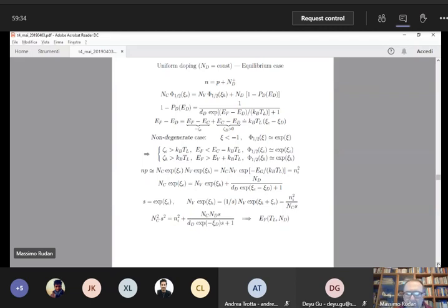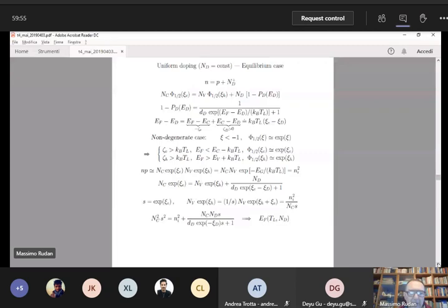So this is the balance equation that applies when there is only the donor type doping, and the material is in the uniform case and of course at equilibrium. Okay.